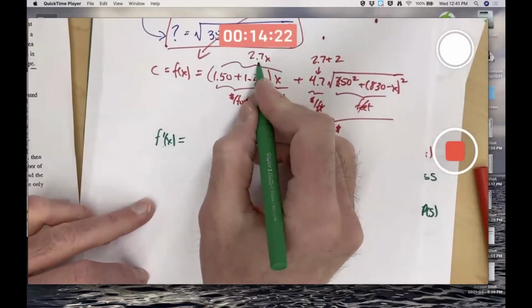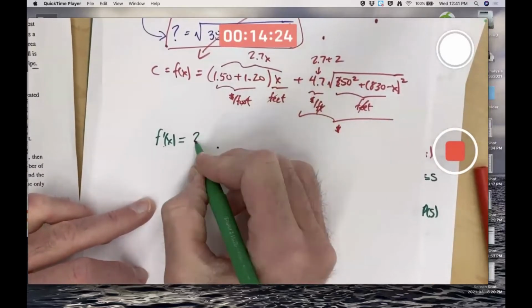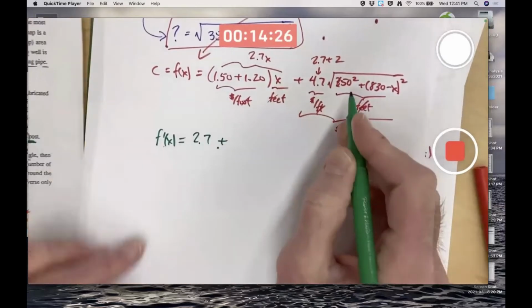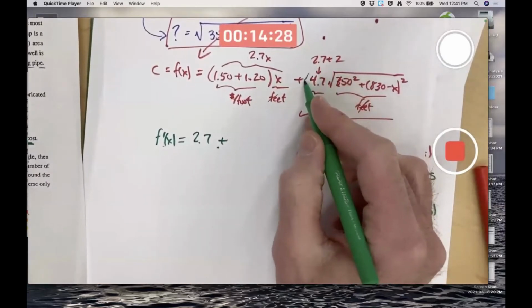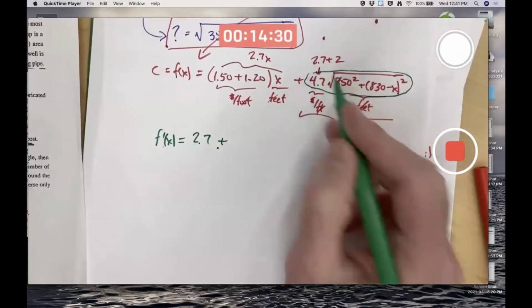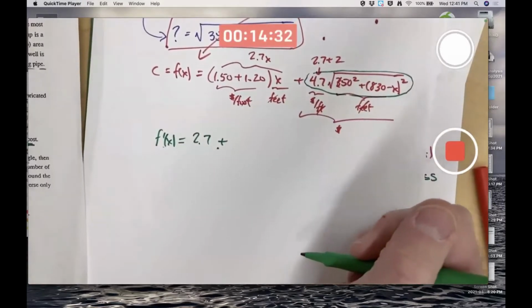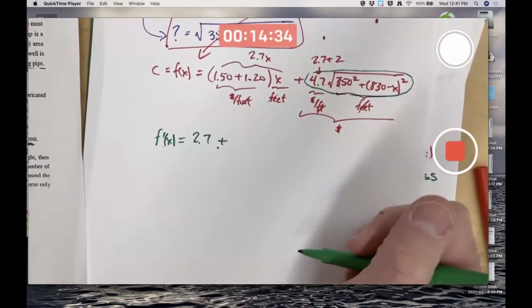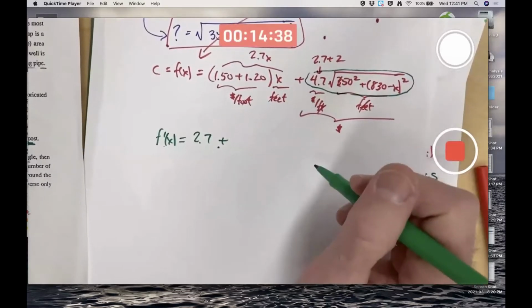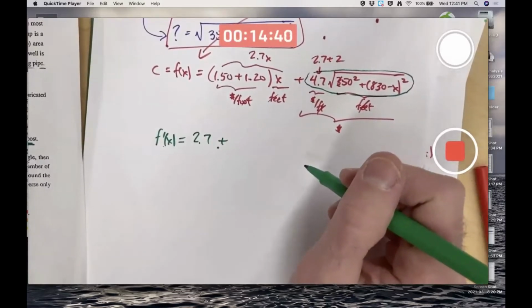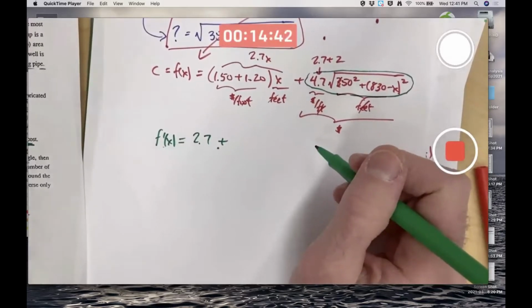So the derivative of that part is easy, right? Just 2.7. What derivative fact am I going to need to differentiate this part, besides the power rule? Chain rule for sure. I think we can avoid the product rule.